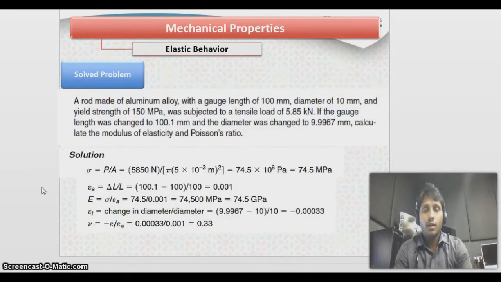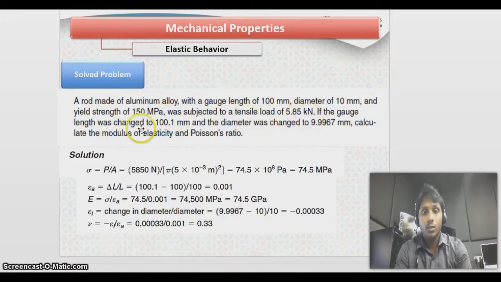So now we're coming to a problem. A rod made of aluminum alloy with a gauge length of 100 mm, diameter of 10 mm and yield strength of 150 megapascal was subjected to a tensile load of 5.85 kilonewton.